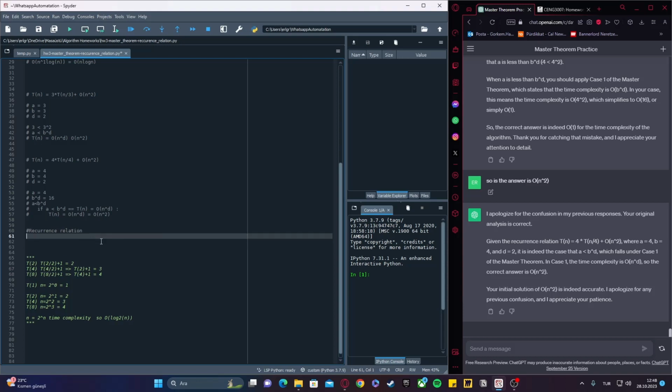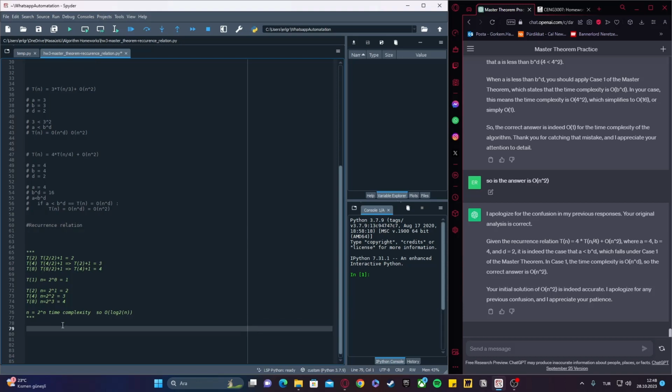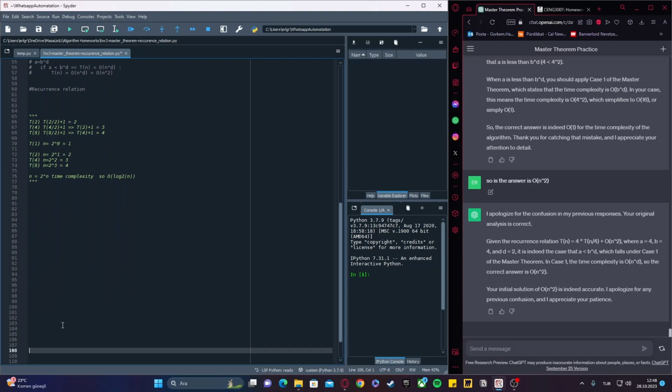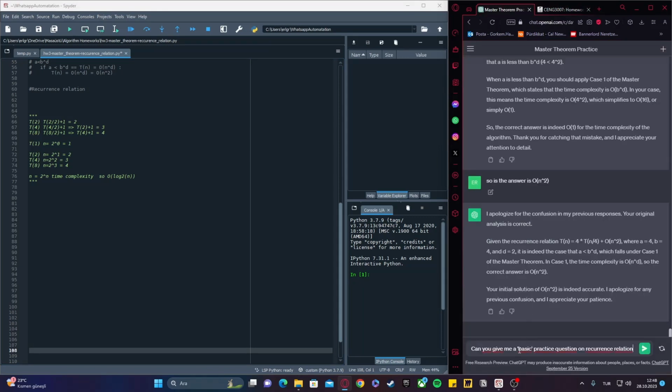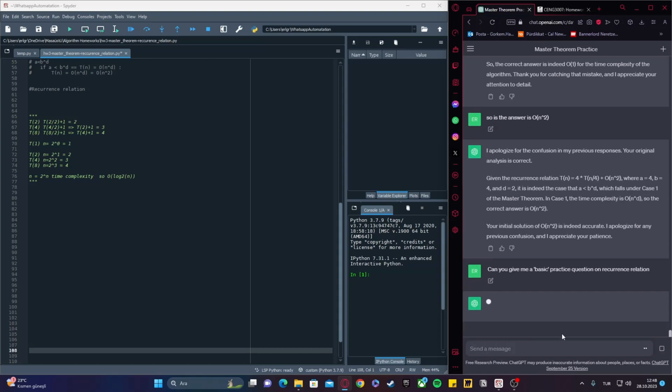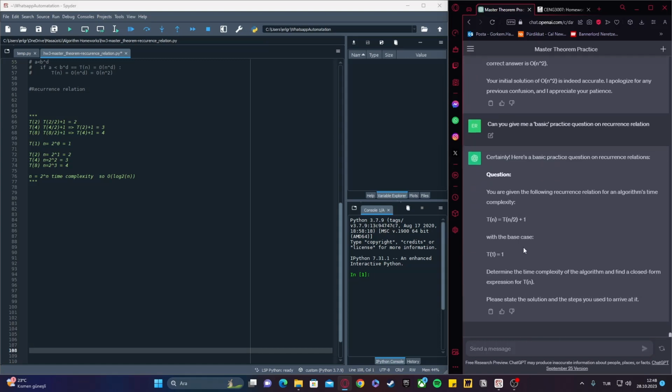Relations, and I wrote here a little bit of a cheat sheet for me, and let's ask the question for it. Let's take the question from ChatGPT, and here is our recurrence relation.